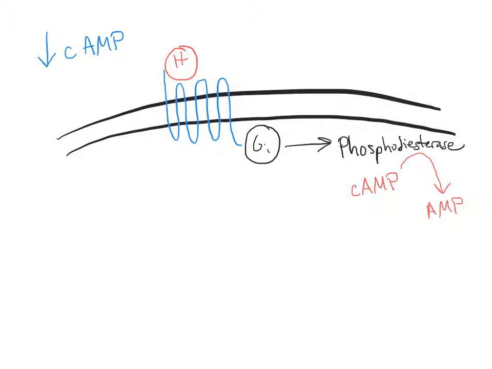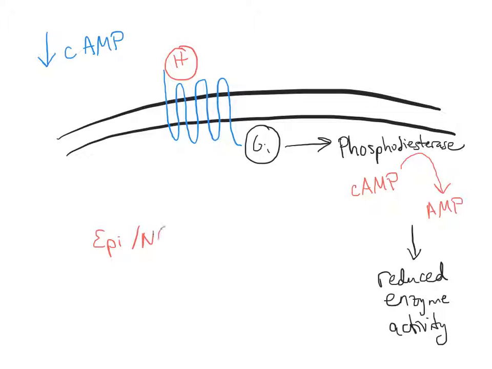And as the levels of cyclic AMP go down, you get reduced activity of the protein kinases we mentioned in the last slide, and you get generally reduced enzyme activity overall in the target cell. Not a lot of hormones use this pathway. In fact, really, it's only some receptors of epinephrine and norepinephrine, specifically the alpha-2 receptors.